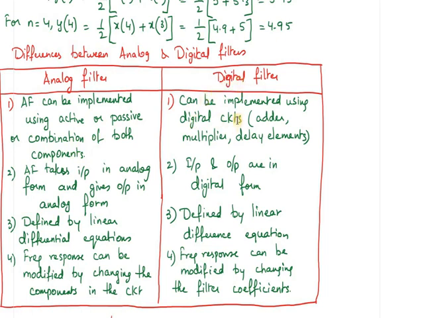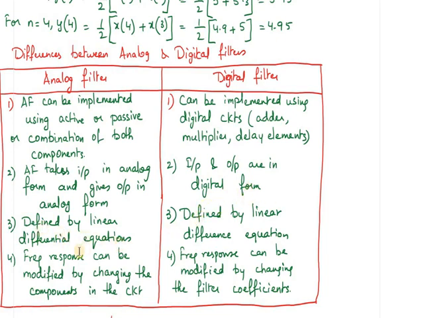Whereas a digital filter can be implemented by using digital circuits such as adders, multipliers, delay elements, subtractors and so on. The input given to an analog filter is in analog form, and the output is also in analog form, whereas for a digital filter, both the input as well as the output are in digital form.